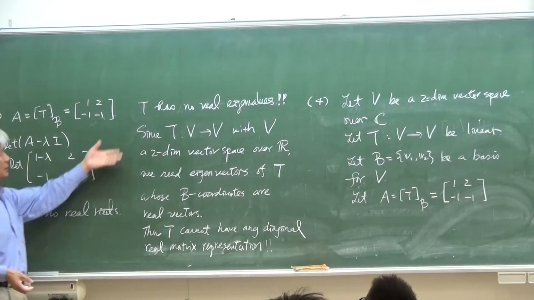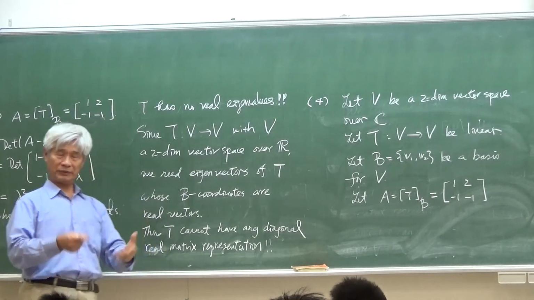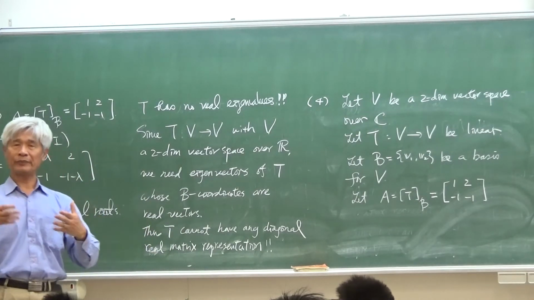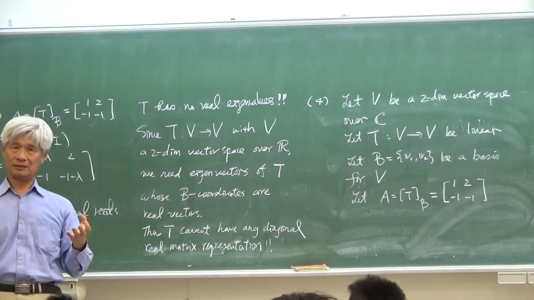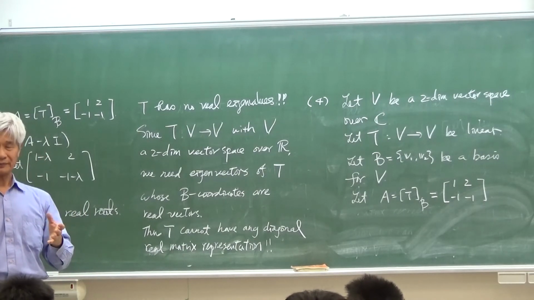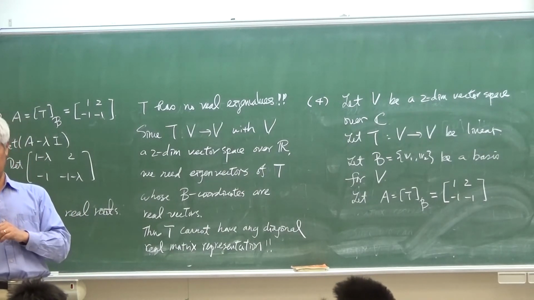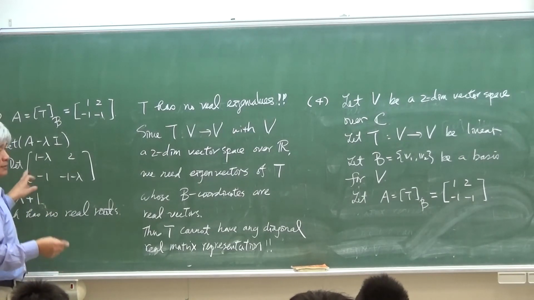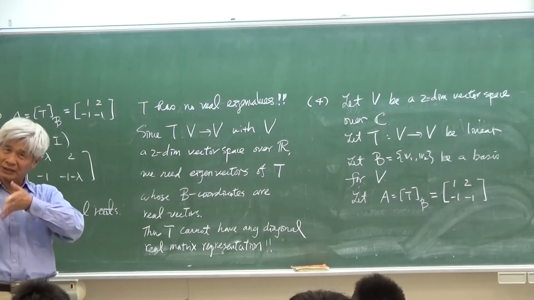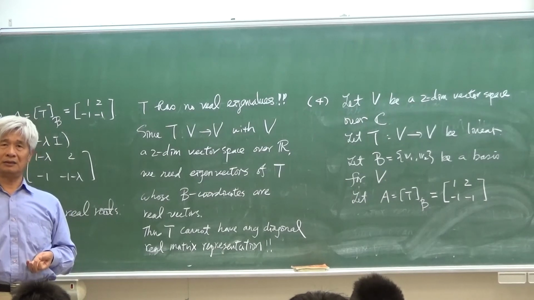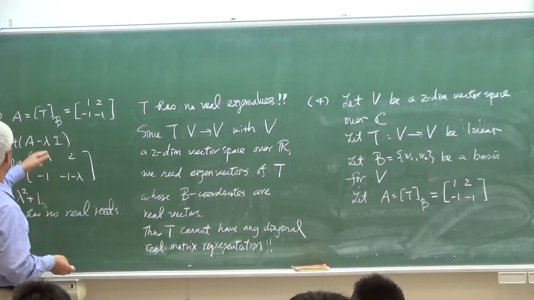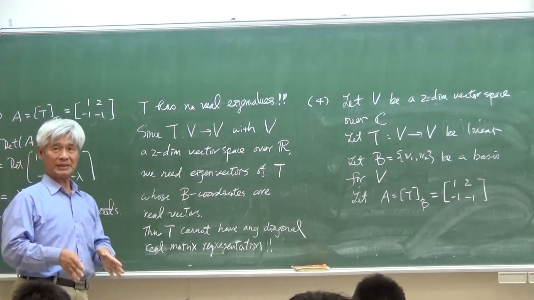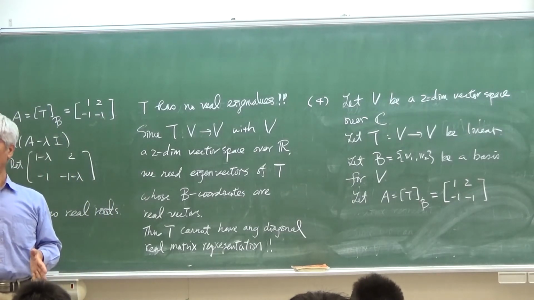Okay? Because what we want to develop is to find a basis consisting of eigenvectors. And those eigenvectors relative to the basis B should have real coordinates. Alright, so we have to do our problem within the real domain. Everything should be real.